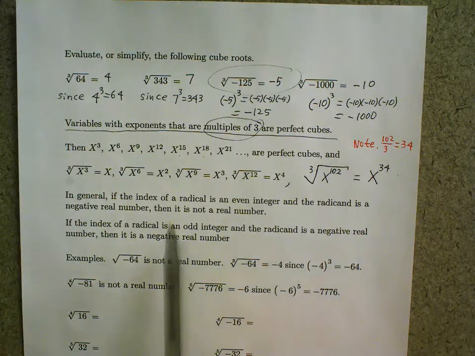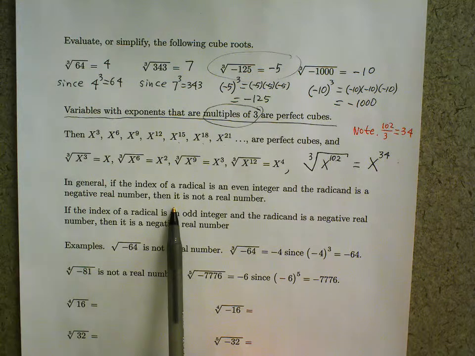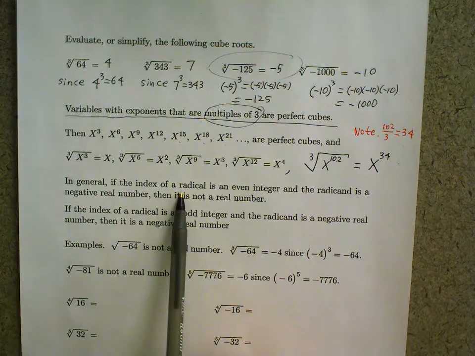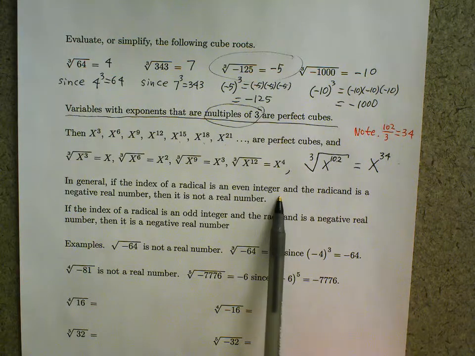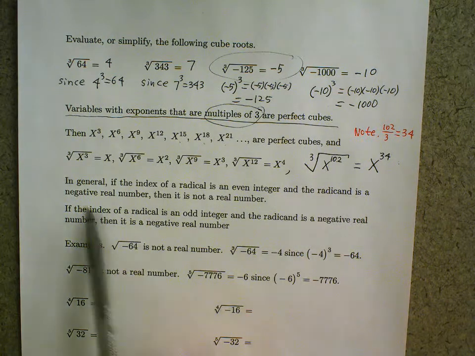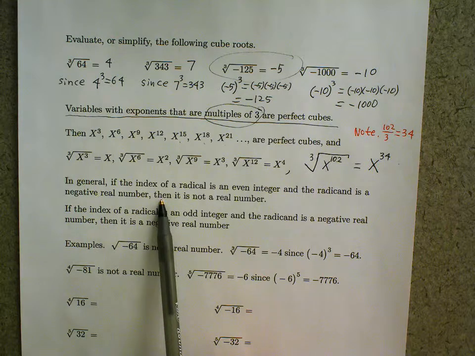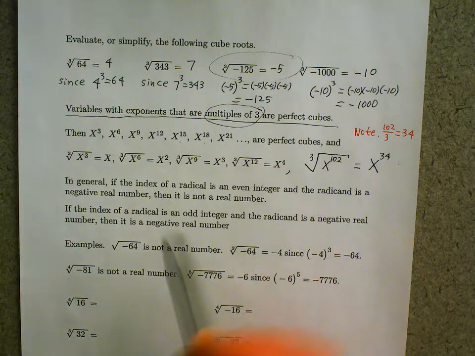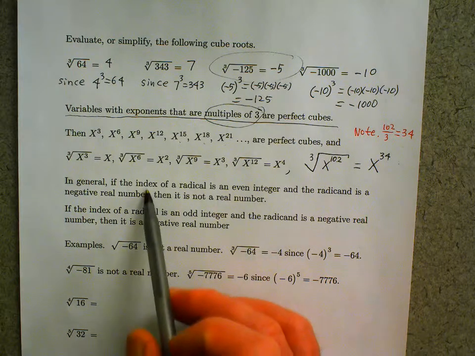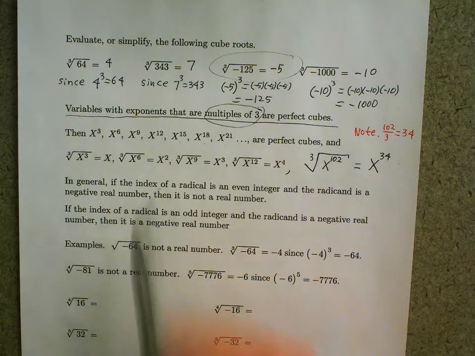All right, the next sentence. In general, if the index of a radical is an even integer and the radicand is a negative real number, then it is not a real number. So there are higher indexes than 2 that are even integers.